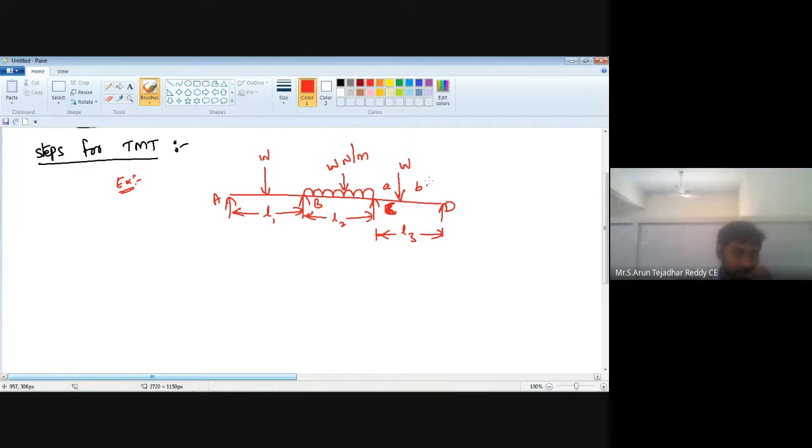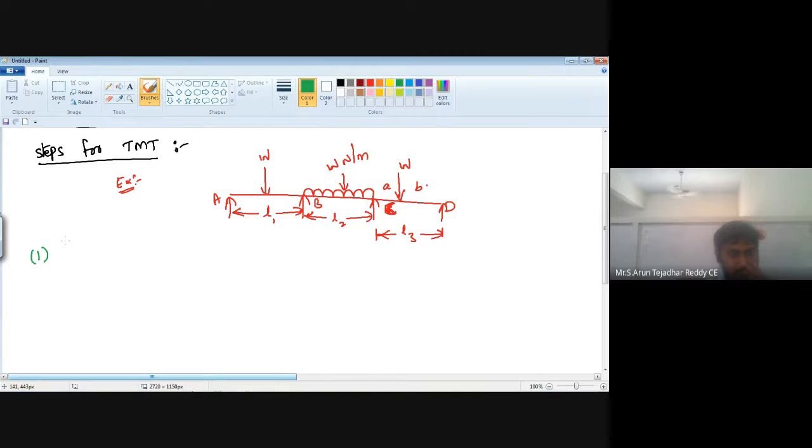Now based on these three loads, what are the steps involved here? Listen carefully. This is very easy. Don't get confused.